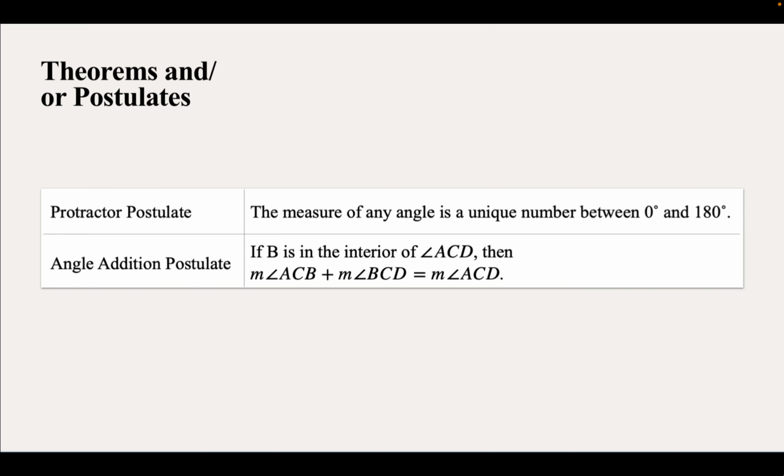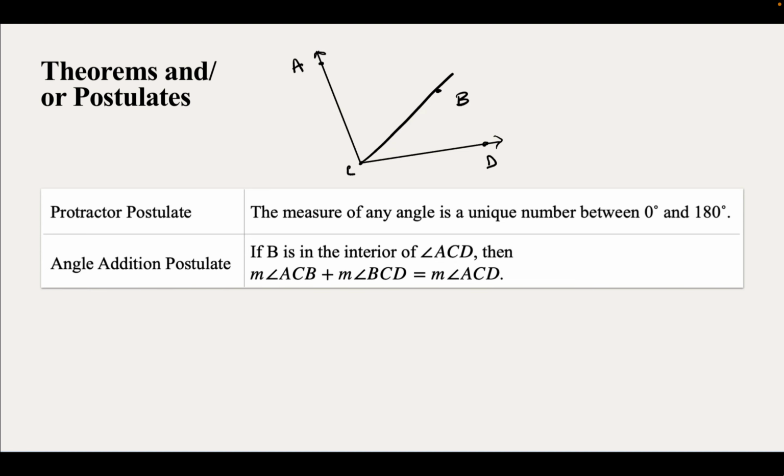Angle addition postulate, really similar to the segment addition postulate: if B is in the interior of angle ACD. So I'm going to draw this out because everything is easier to understand when you can see a picture. So A, C, D. B is in the interior of that, so somewhere inside that angle.